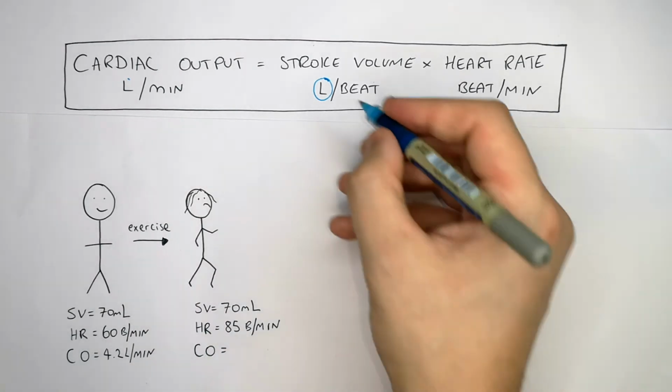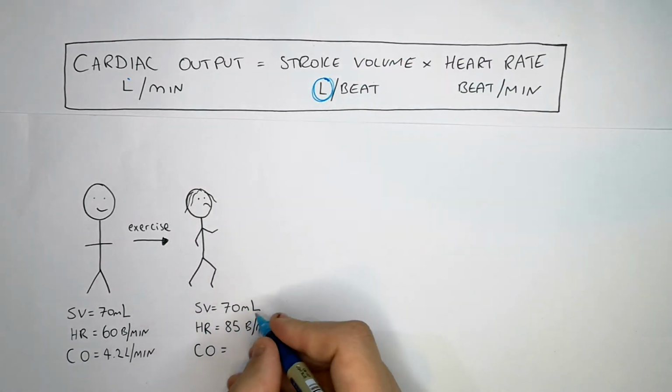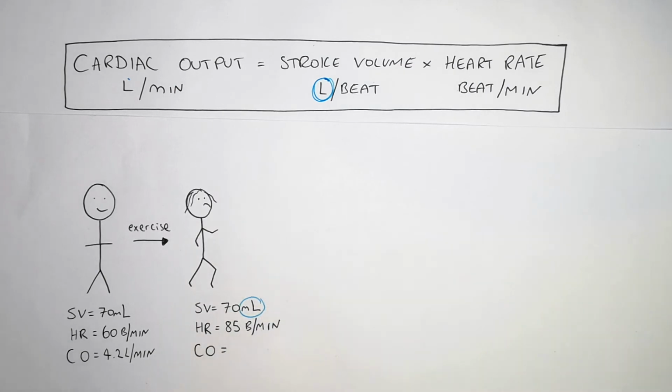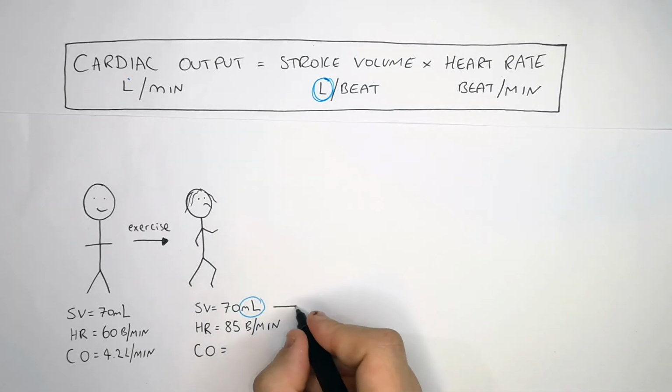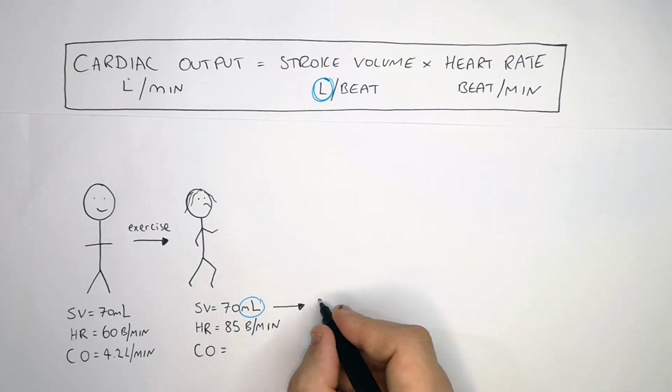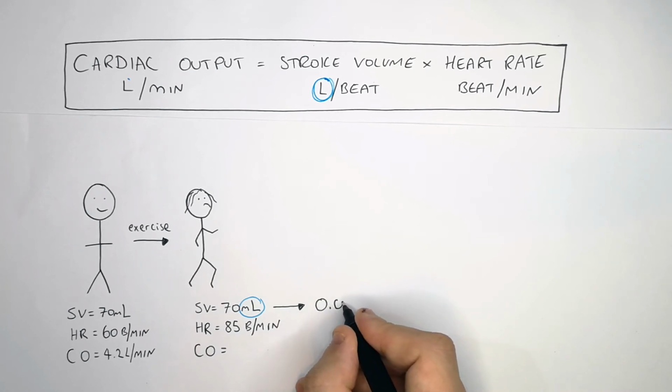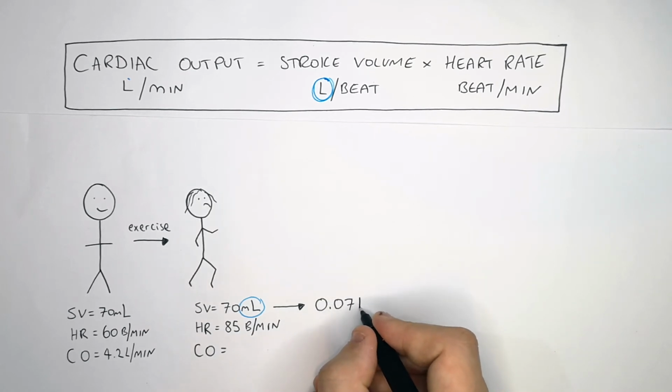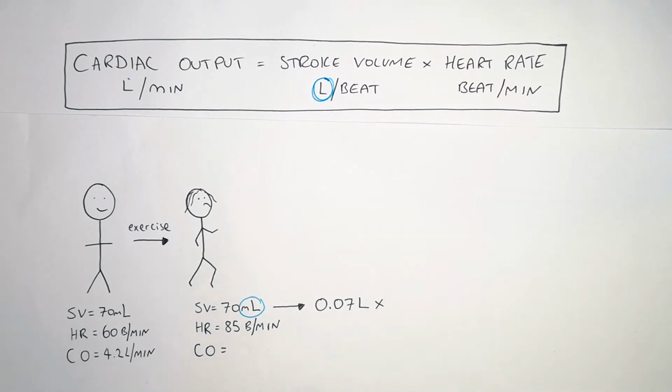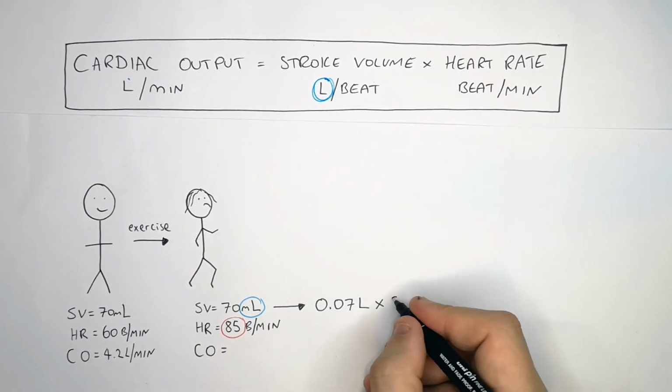Remember, stroke volume is in liters per beat, but we've got milliliters per beat here. So you must convert 70 milliliters to liters, which is going to be 0.07 liters per beat. Multiply that by the heart rate, which is 85 beats per minute.